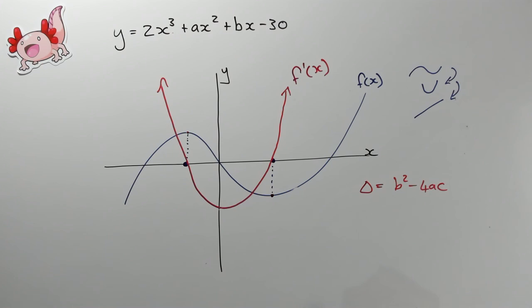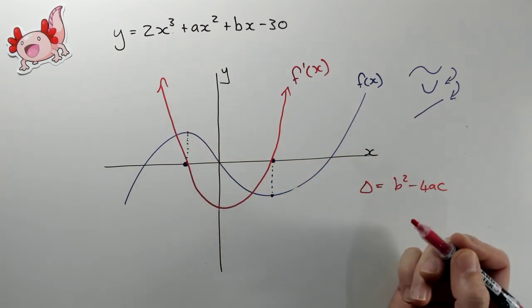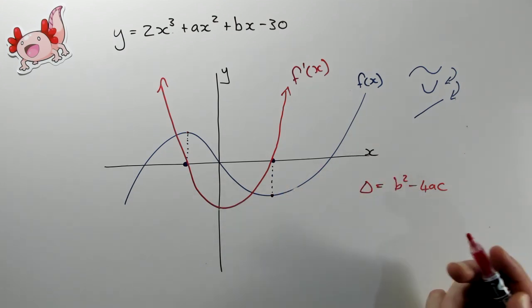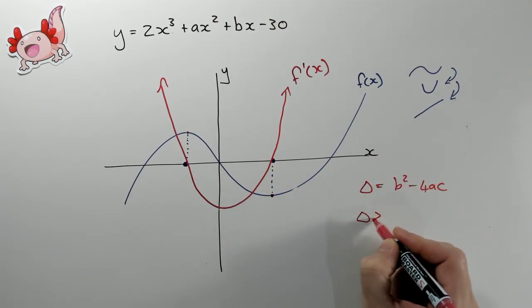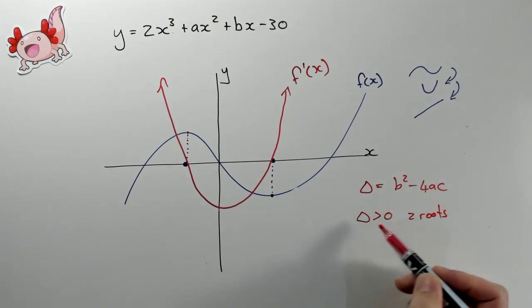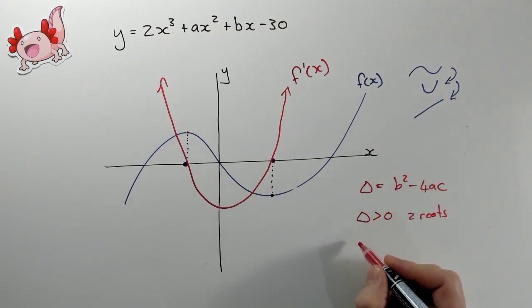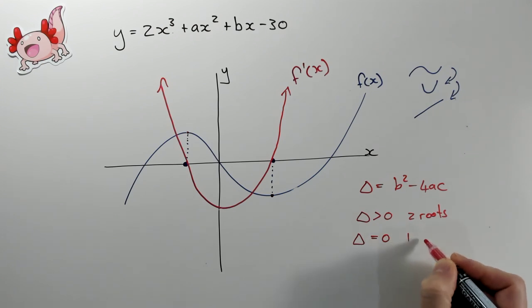We usually use that to figure out whether a parabola intercepts the x-axis or not, so whether a function would have roots or not. And we saw that if the discriminant is bigger than 0, then we'd have two roots, so it would intercept the x-axis at 2 points. If the discriminant was equal to 0, then we'd have one root.